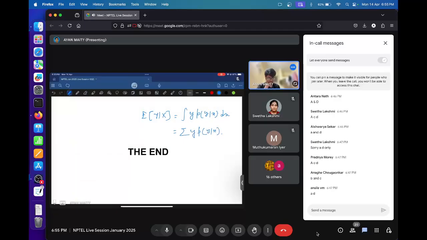So here the expected value of the variable y is what is computed, that's why y appears here, but the probability distribution is probability of y given x, from where we are sampling y.